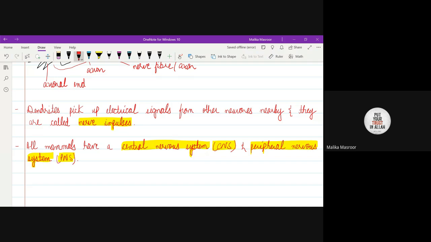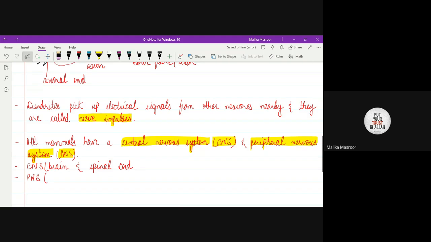PNS is your nerves that spread out, and each nerve contains hundreds of neurons. CNS includes your brain and spinal cord, and your PNS contains the nerves and impulse receptors.